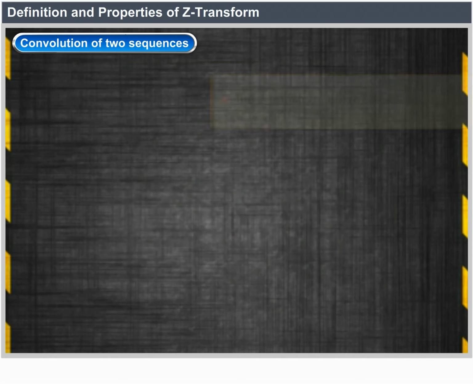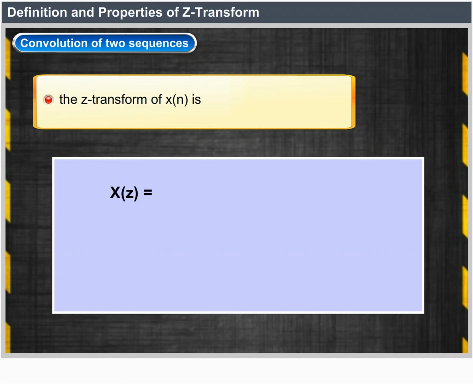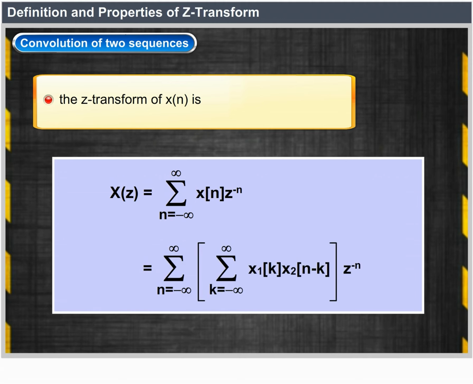The z transform of x of n is X of z equal to summation n equal to minus infinity to plus infinity x of n into z power minus n, equal to summation n equal to minus infinity to plus infinity within the bracket summation k equal to minus infinity to plus infinity x1 of k into x2 of n minus k. Outside the bracket we have to write z power minus n.